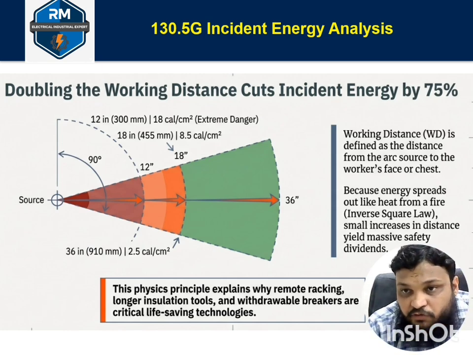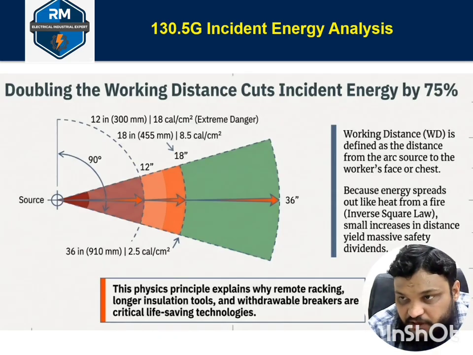That is working distance. It tells us that if we double the working distance, the incident energy reduces by 75%. Let's see in the picture. At a distance of 12 inch, the incident energy is about 18 calories per centimeter square.